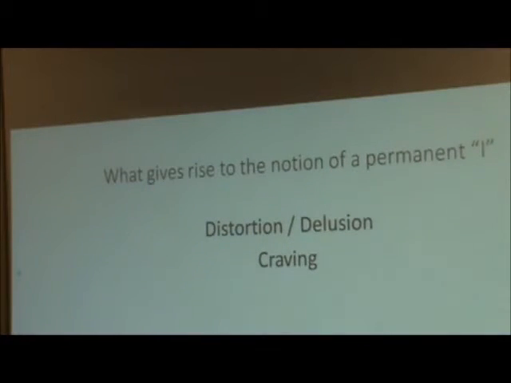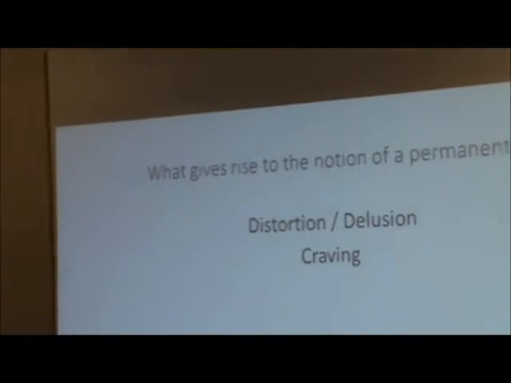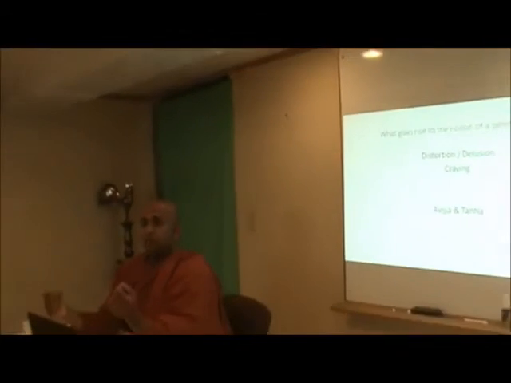What the 5 aggregates are teaching us doesn't say simply that there's no self in a nihilistic sense. But it says that there's no permanent self. This is a constructed self. It's being constructed again and again. Every moment we reconstruct that. We don't see it, but that's what we are doing. We have a constructed self, which has no permanent entity in it.